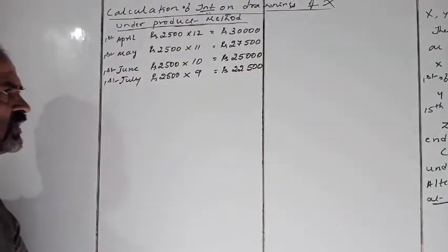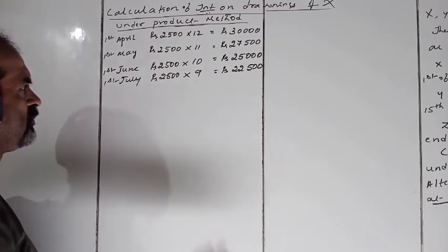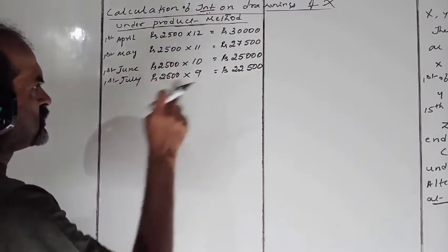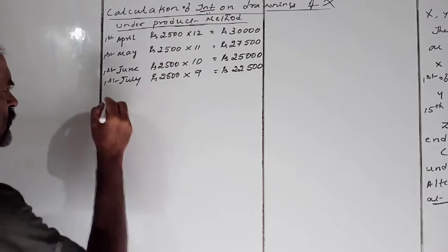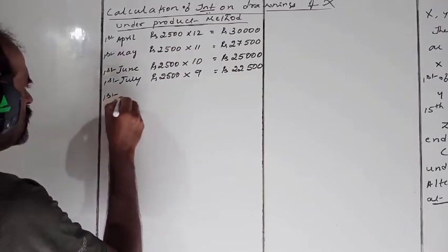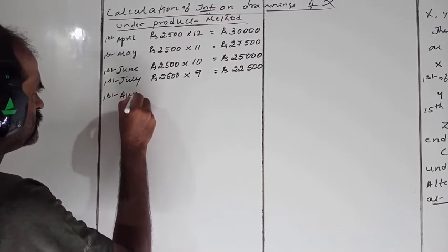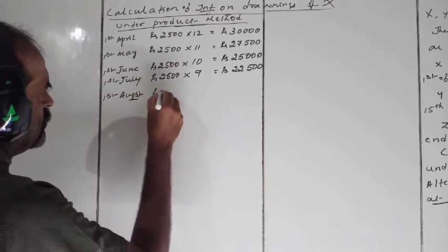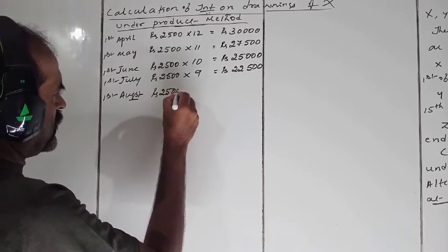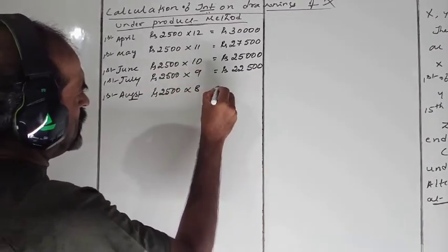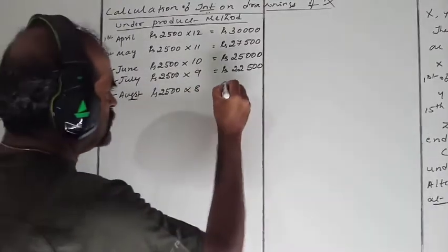How do the 9 months come? You calculate the number of months from 1st July to 31st March, and 9 months come. Then 1st August, rupees 2,500 into 8 months, rupees 20,000.